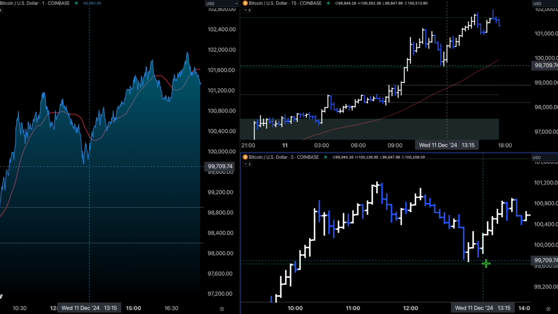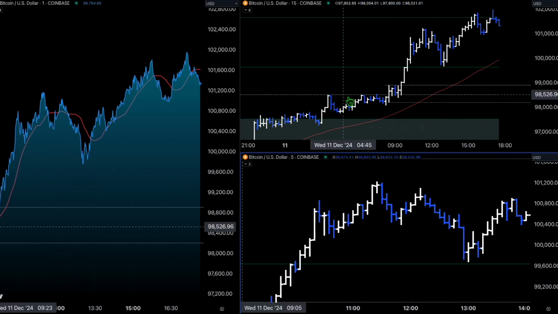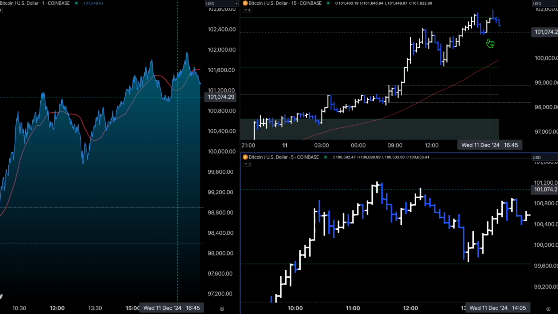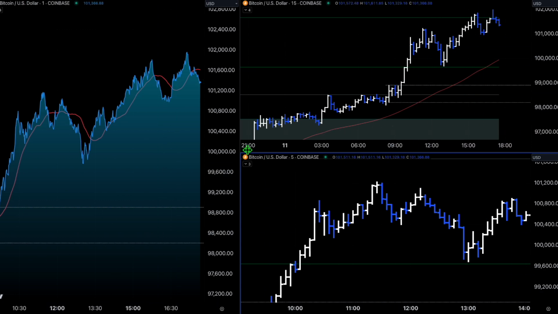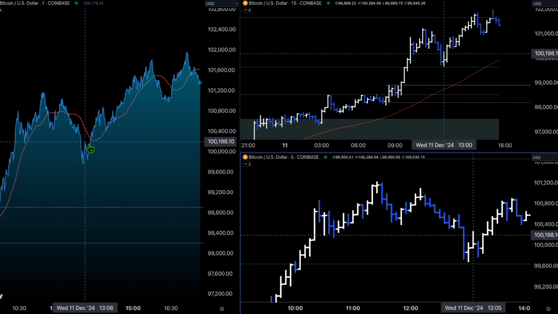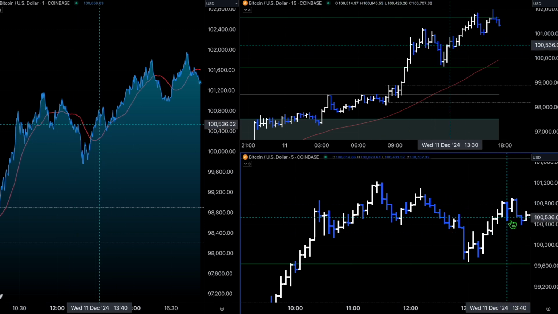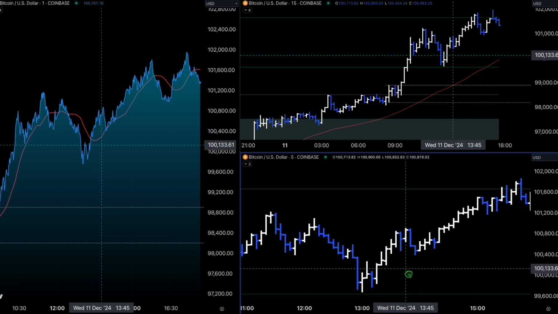But the key takeaway is we've got a strong upward trend. And the market over here has now turned from bearish to bullish again. Now we are back on trend. And of course, we carry it on up.